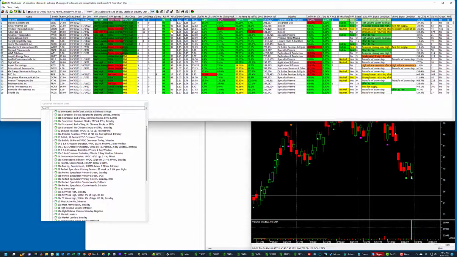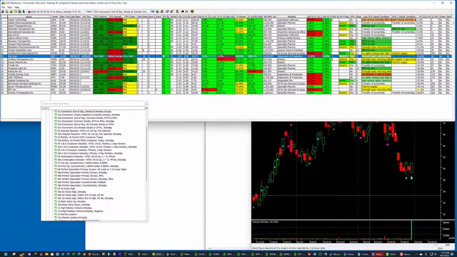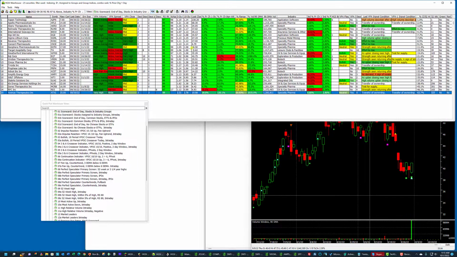Because they're still stronger than, at least they're in the top 2 or 3 percentile, 99, 98, 97, compared to all of the other stocks in the database over a yearly time period, with 40% of the emphasis on the last quarter. So these stocks, some of them can be well off of their highs and still have a high RS rank because they've outperformed over those time periods.